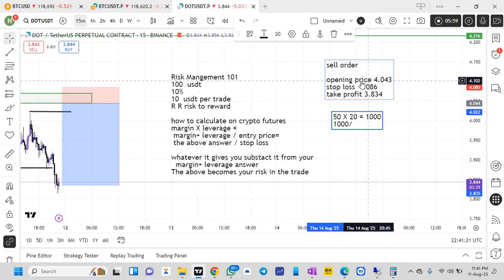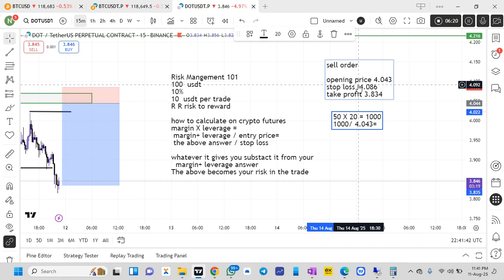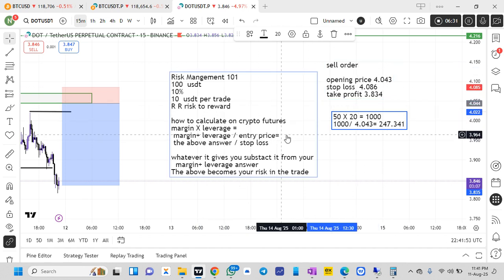Your entry price is also your opening price, which is 4.043. That will give you 247.341.